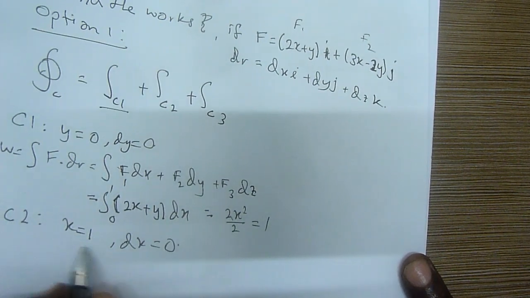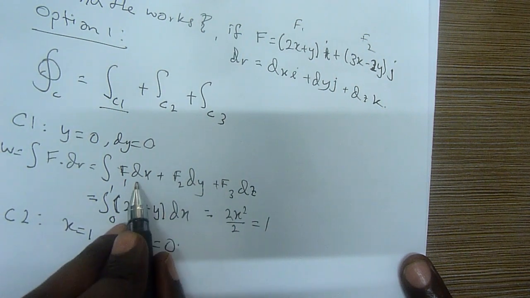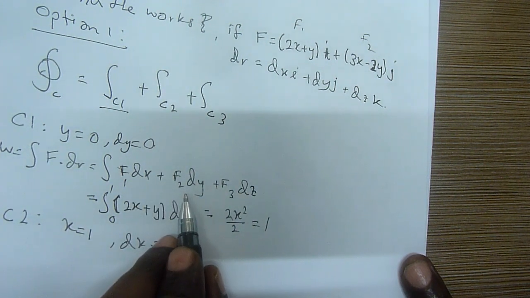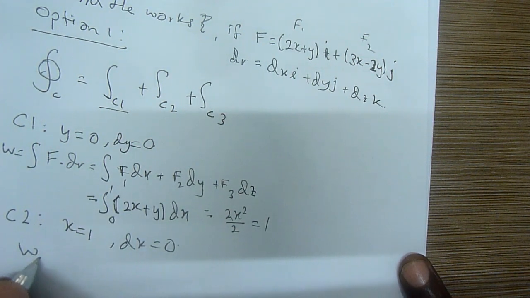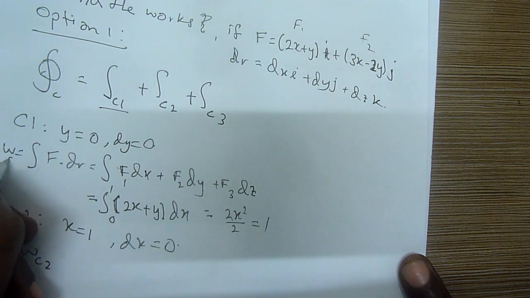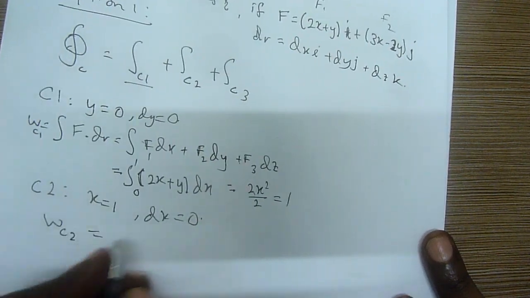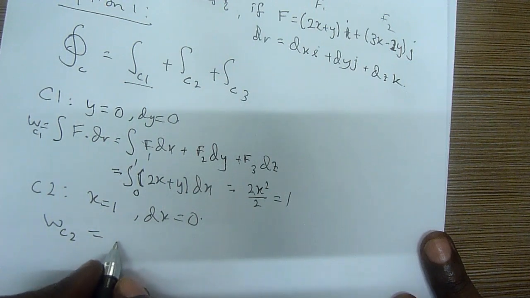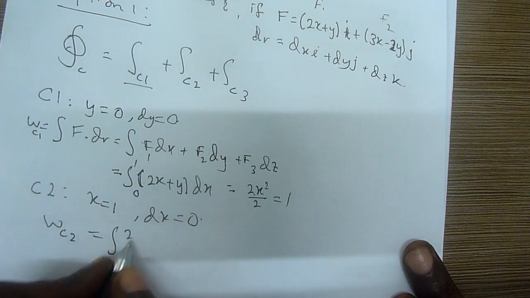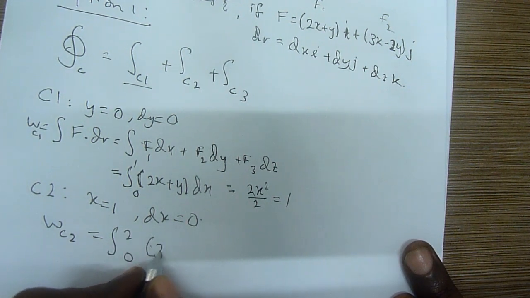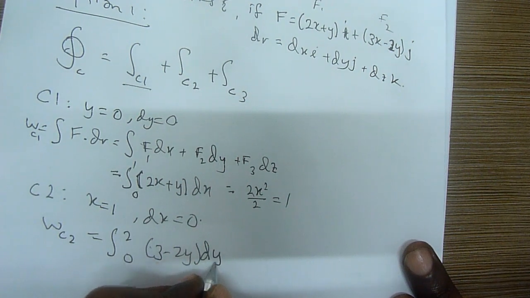Therefore, using the same method, but dx is 0, we are only able to calculate the dy side. For C2 we get the integral from 2 to 0 of (3 minus 2y) dy.